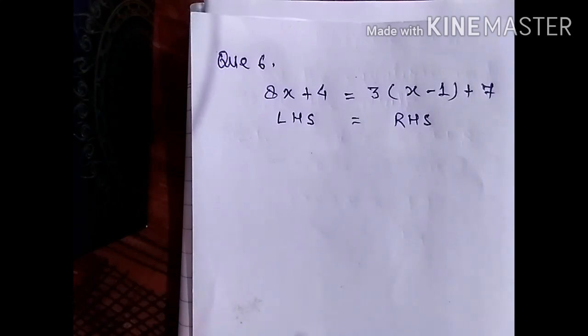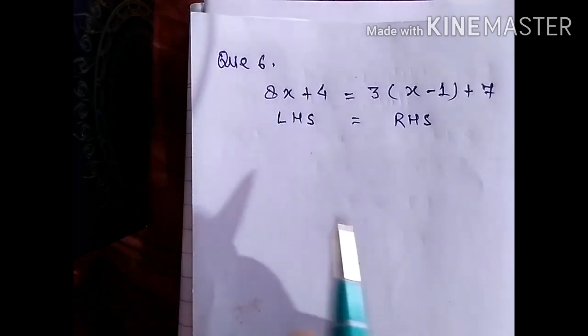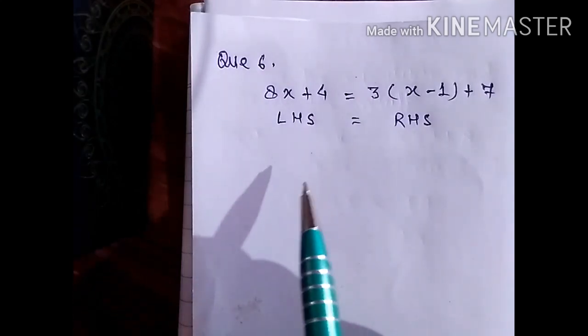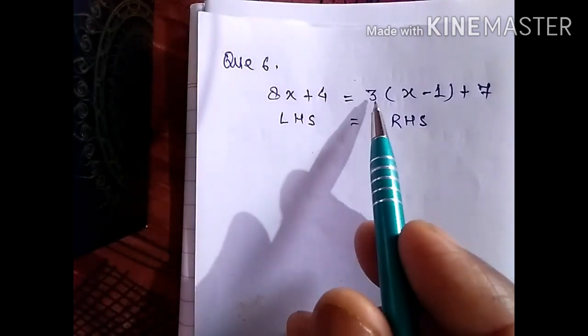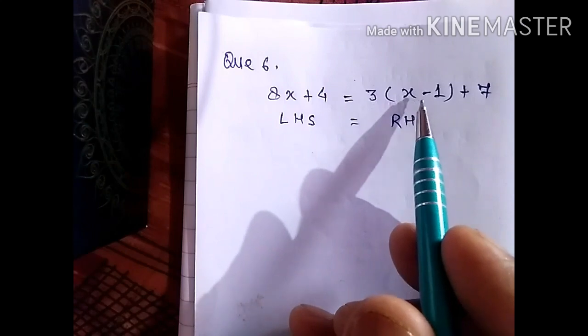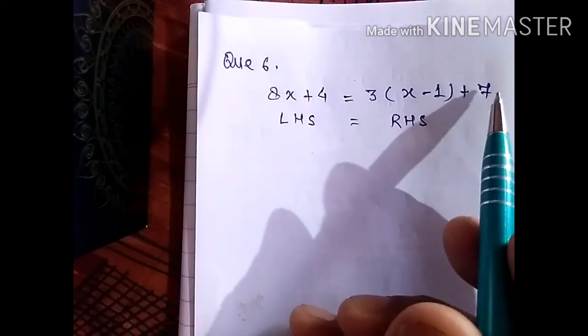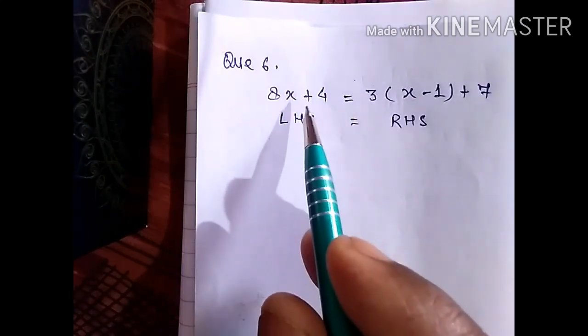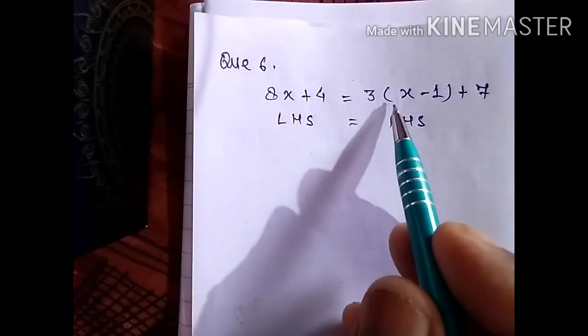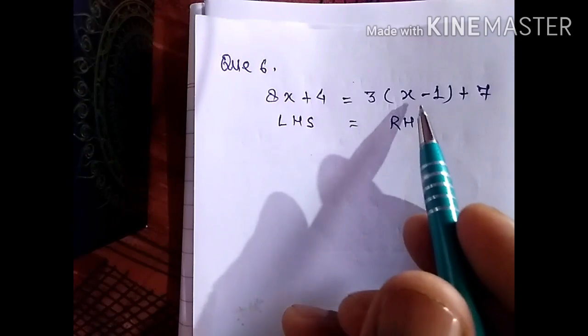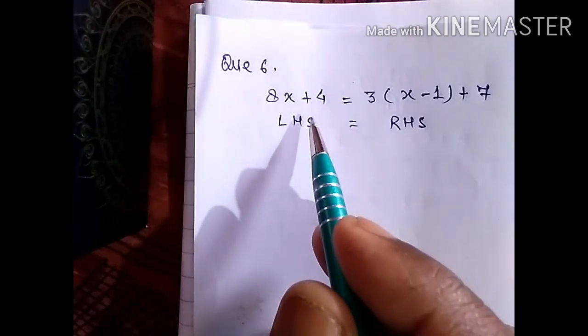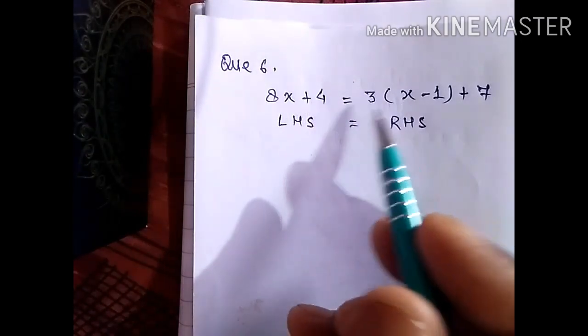Now we have to solve question number 6, student, and this is question number 6, and in this question, 8x plus 4 is equal to 3 times (x minus 1) plus 7. So student, first of all we have to solve this bracket, and after that we have to transpose the variable to one side and the numbers to the other side.